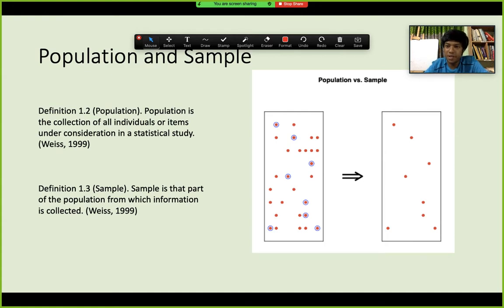The sample should not all come from just one portion. We have to do random sampling, randomize the sample. So the sample is the smaller group, and the population is the entire selection or entire study group. That's the population.